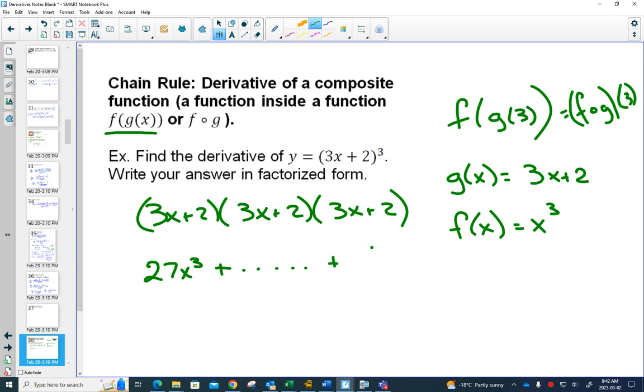You would have a bunch of things in the end, and then finally 2 times 2 times 2, you'd get 8. And then that derivative would be easy. So we could multiply this out, but if there was a shortcut so we didn't have to, that would sure be nice.